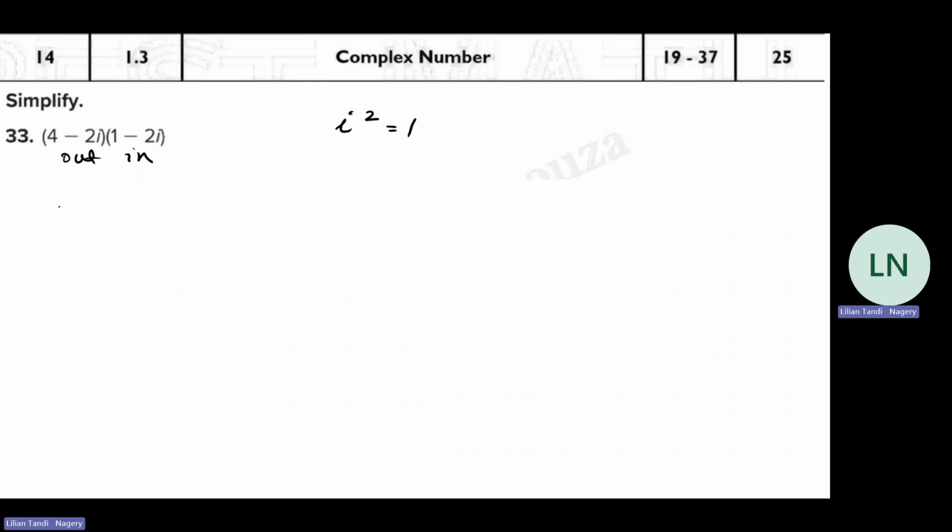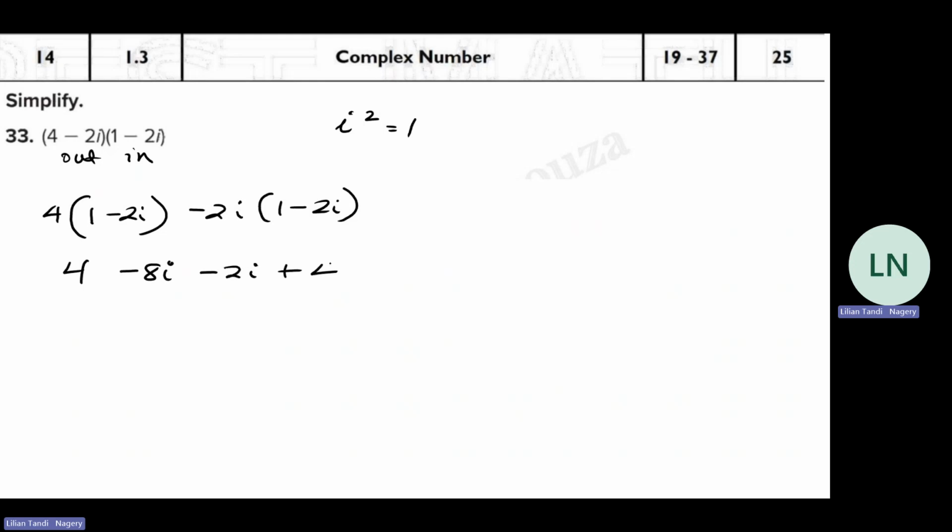Out, in. 1 minus 2i, negative 2i, 1 minus 2i. 4 minus 8i minus 2i plus 4i squared changes to become negative 1, changes to become negative 4, and negative 10i does not change.